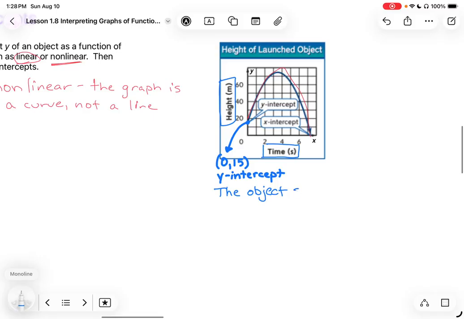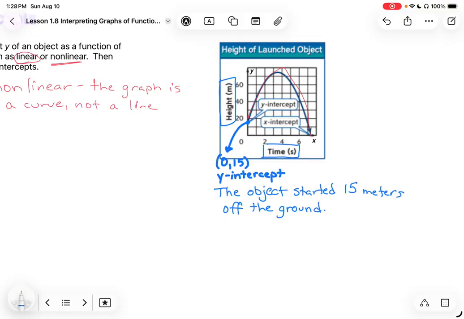So we're going to say the object started 15 meters off the ground. We don't know if it's really the ground, but from wherever it was launched, it was 15 meters above there.